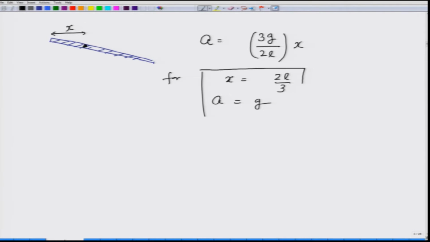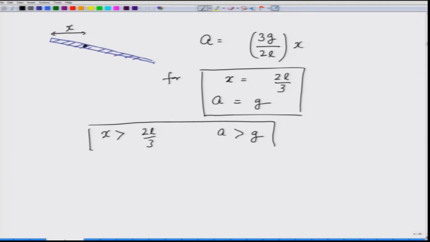That is point number 1. Point number 2, for x greater than 2L by 3, a is greater than g, and for x less than 2L by 3, a is less than g.